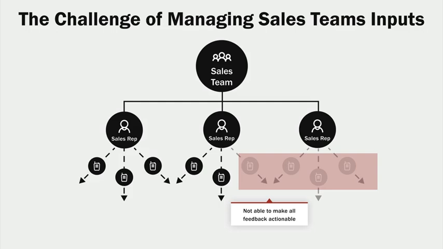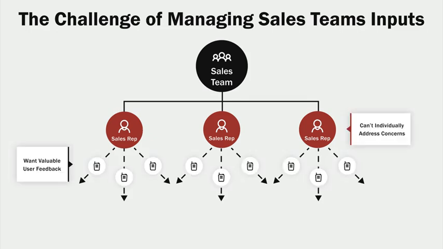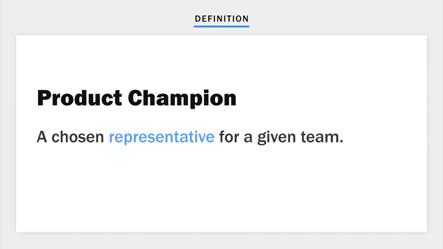For example, if you're getting lots of feedback from individual sales reps, you often won't be able to action all of their feedback. Explaining your feature prioritization decisions to each one of them will help them better feel heard, but that takes a lot of time. This creates a dilemma. You want your stakeholders to give you valuable user feedback, but can't individually address all of their concerns. To solve this problem, designate product champions.